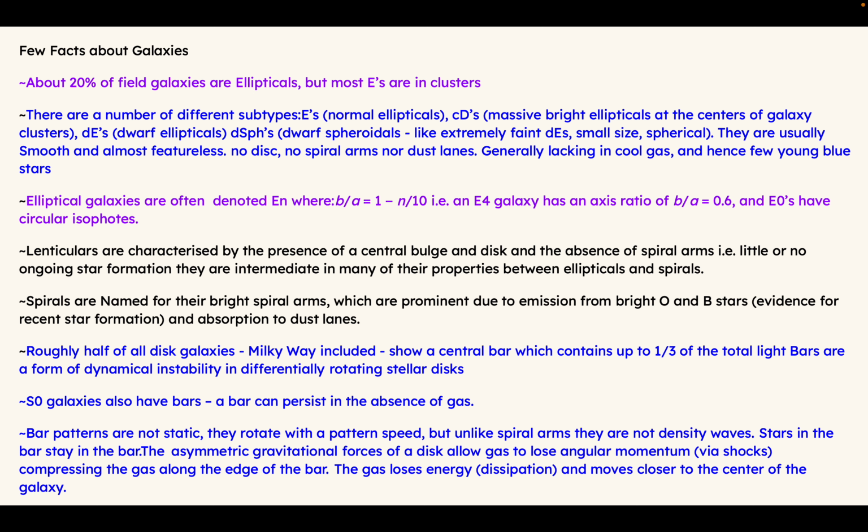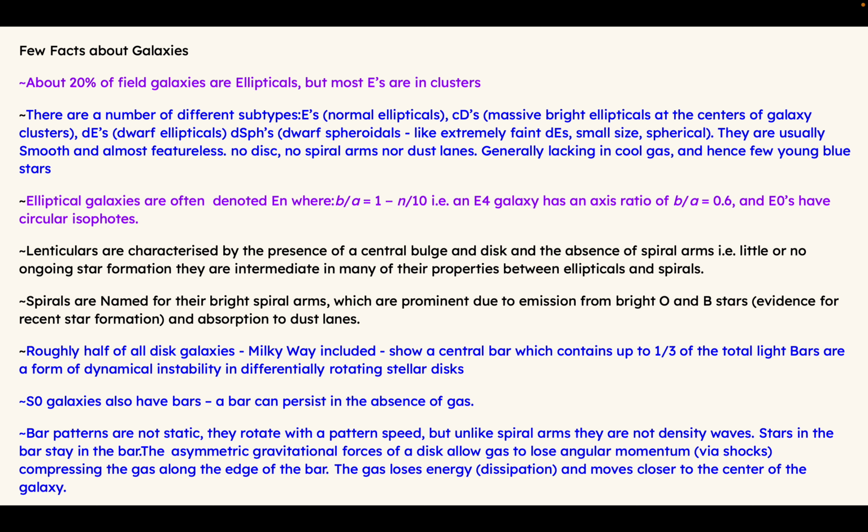Thus, bars rotate with a pattern speed, but they are not like the structure of the spiral arms. Spiral arms are formed due to density waves in the disks. Stars in the bar stay in the bar. They do not move away from the bar or go to the halo or the bulge region.